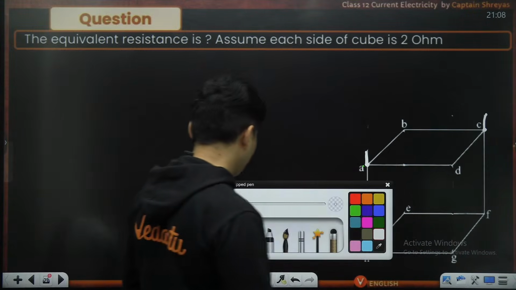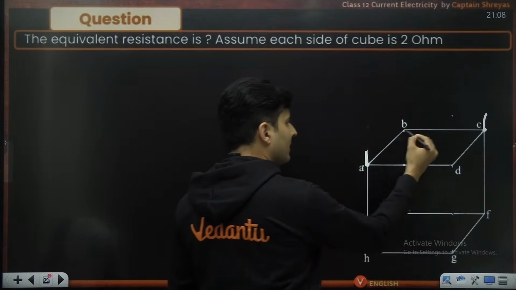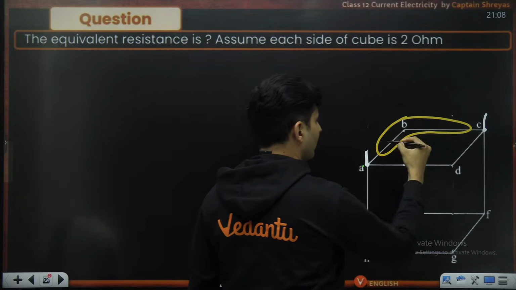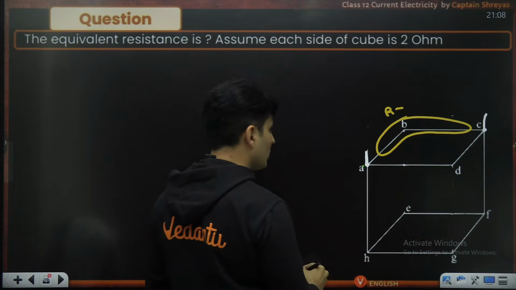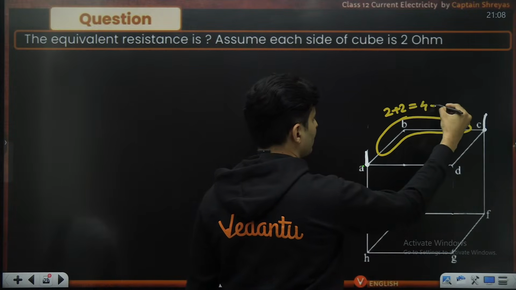Observe this carefully. There is a resistor here and here. These two resistors together, R plus R, each side is 2 ohms. So 2 plus 2 is 4 ohms.